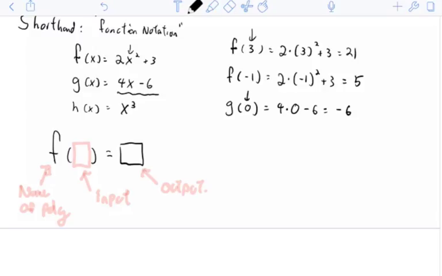Function notation is actually fairly simple to use, but it's a shorthand, so it conveys a lot of information in a short amount of space, so it takes a while to get used to how to use it. Let's try some examples.